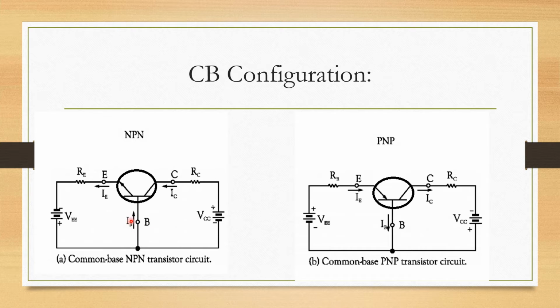Thus, the base is common for both input and output terminals, and hence we are saying it as common base configuration. The supply voltage between the emitter and base is called VBE, while the supply voltage between the collector and base is called VCB or VCC.